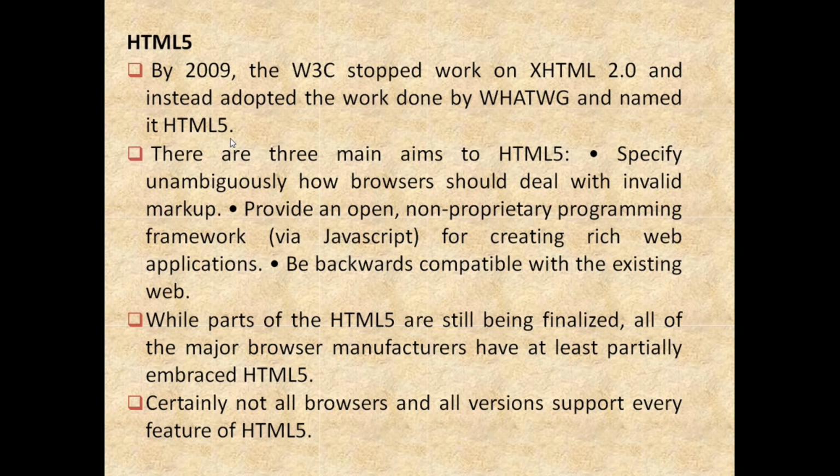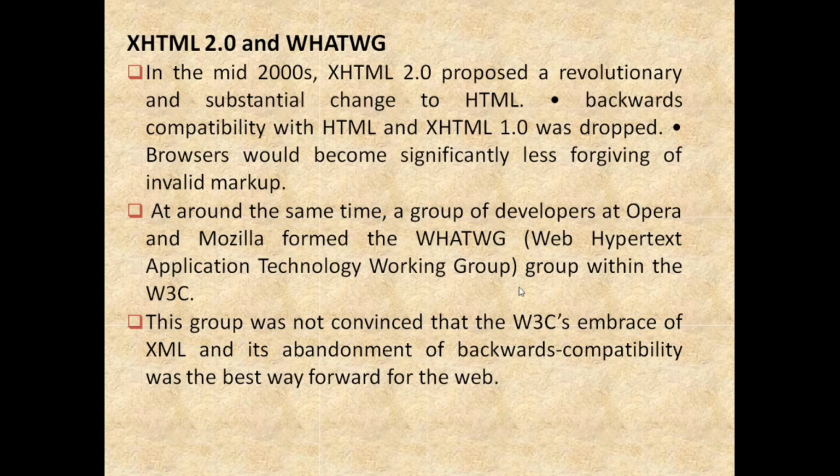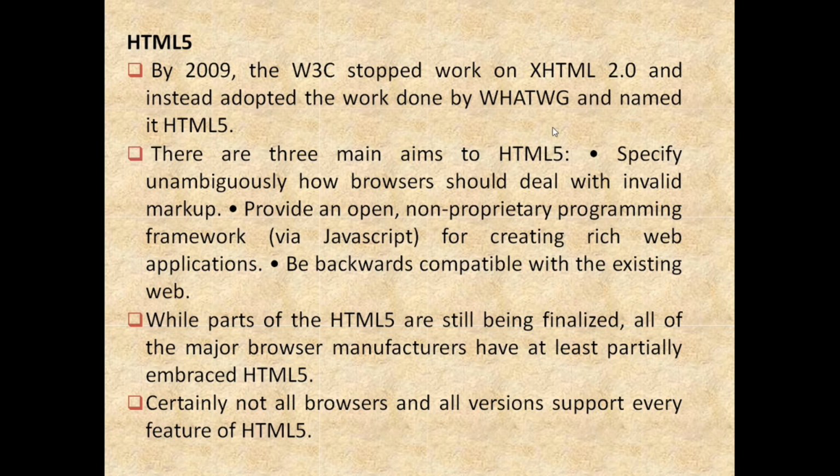That means W3C was concentrating on XHTML 2.0, so they stopped working on it and adopted the work done by the WHATWG subgroup. Previously we saw that they had these two conditions, and that was adopted by W3C and renamed as HTML5.